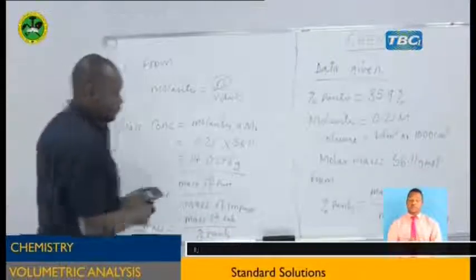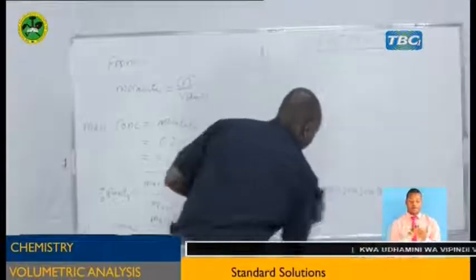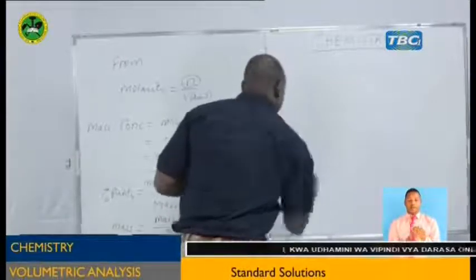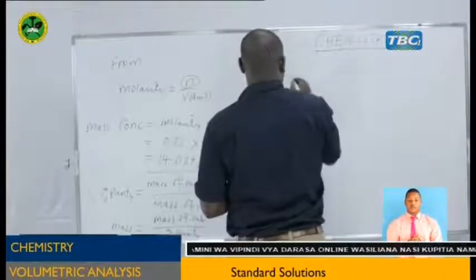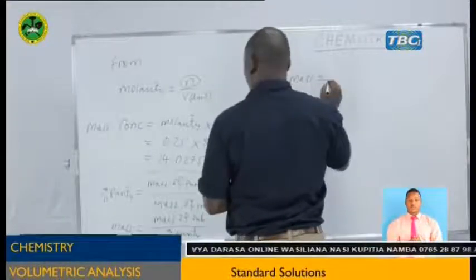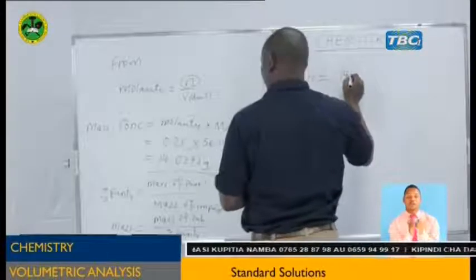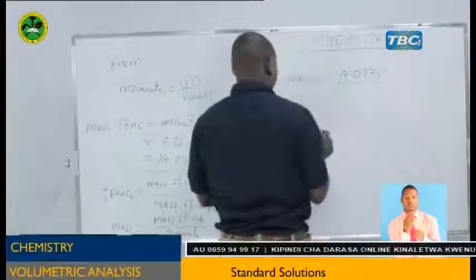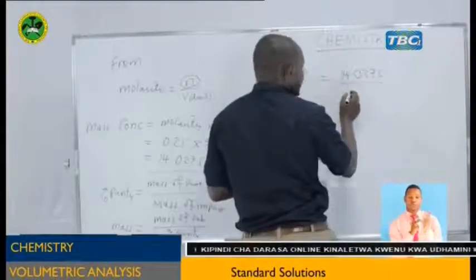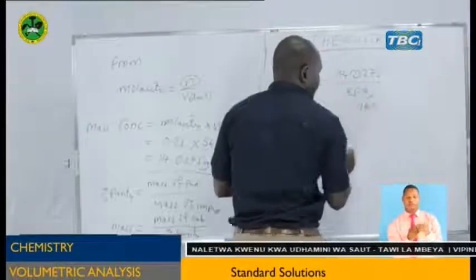If we substitute our data into that equation, the mass will be equal to 14.0275 divided by the percentage purity given, 85.9, divided by 100.